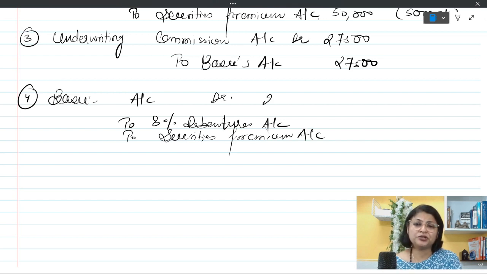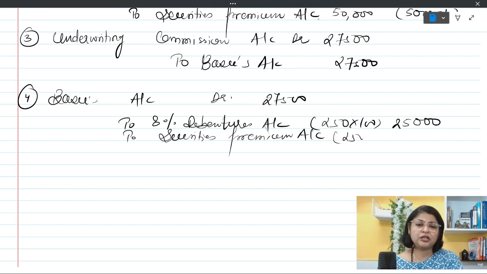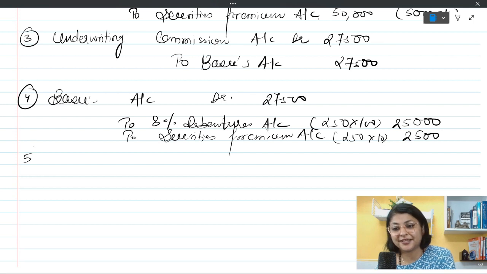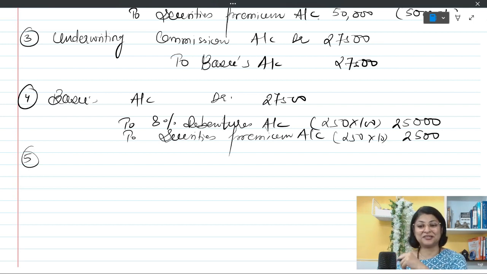So here I am going to write 27,500. My number of debentures were 250. So 250 multiplied by 100 will come over here, which is 25,000, and 250 multiplied by 10 means 2,500 is going to come in security premium. Okay, sorry, not security premium reserve, security premium as per the latest change.